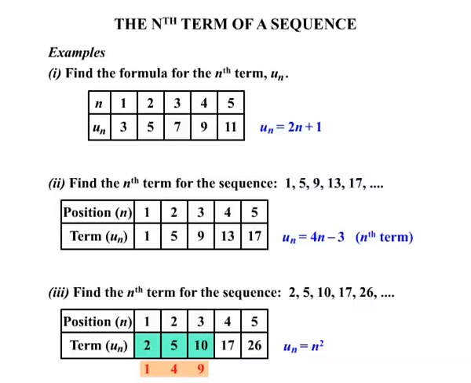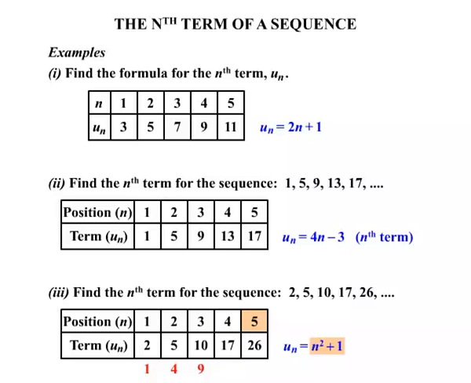We actually want the numbers there highlighted in green, which seem to be one more in each case. So if we try adding 1, let's see how that works. There's our rule we're going to use, n squared plus 1. So when n is 4, 4 squared is 16, and then if we add 1, yes, we get 17.